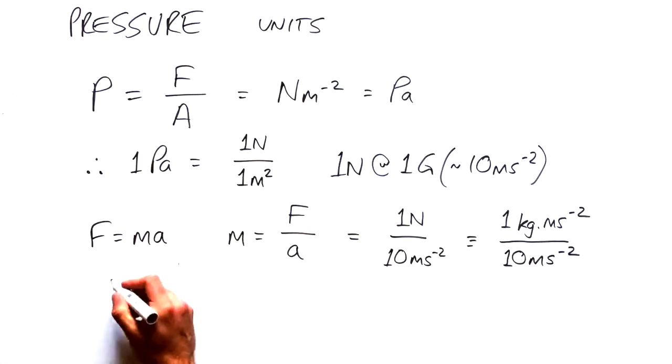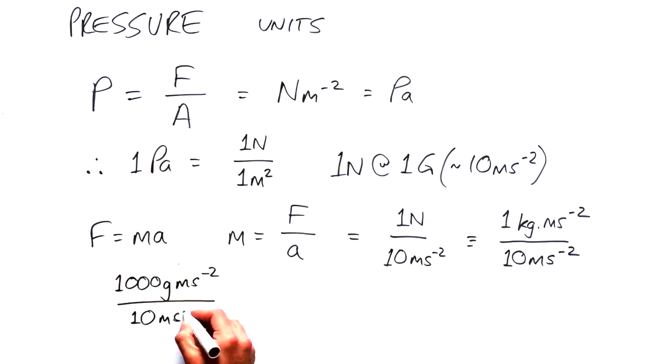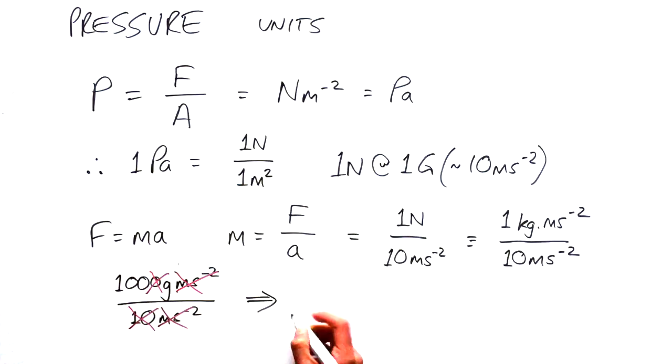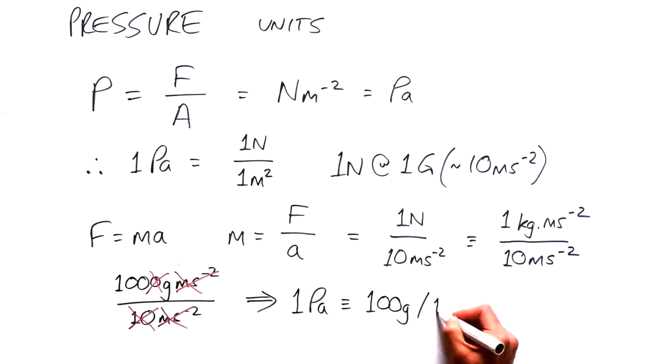And then you can divide out the units and the orders of magnitude. And that demonstrates that 1 Pascal is effectively 100 grams acting over an area of 1 metre squared.